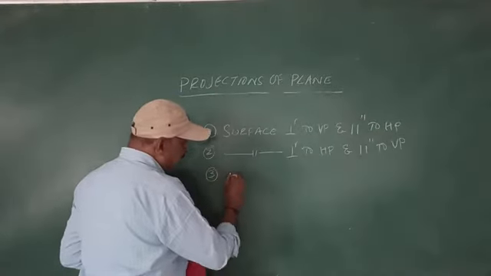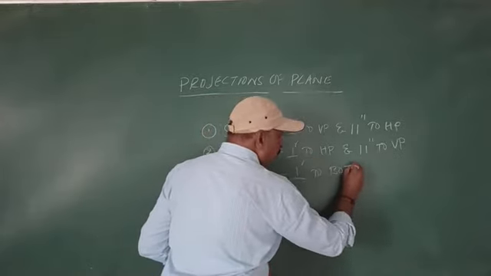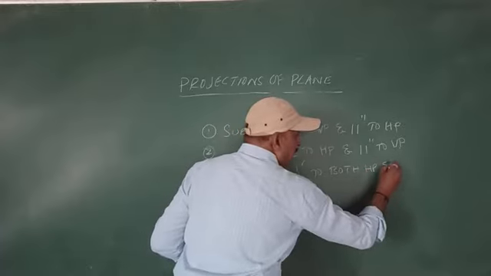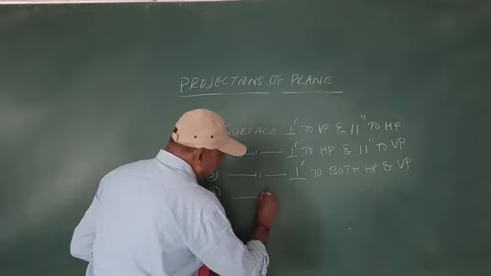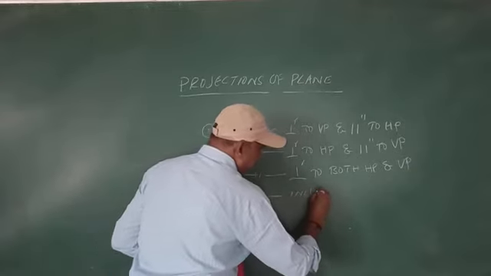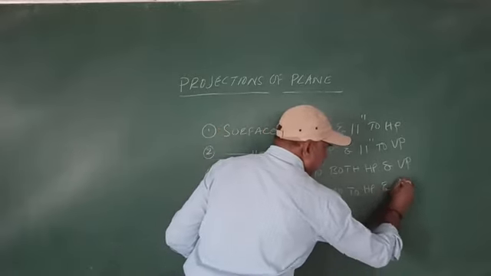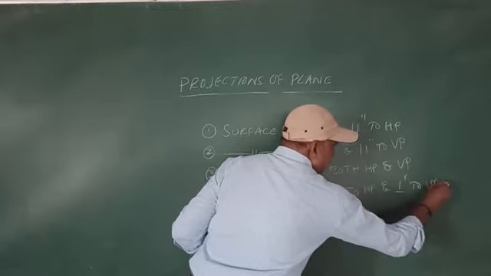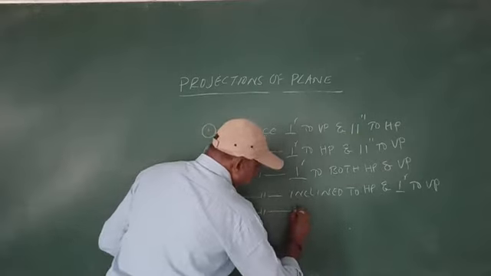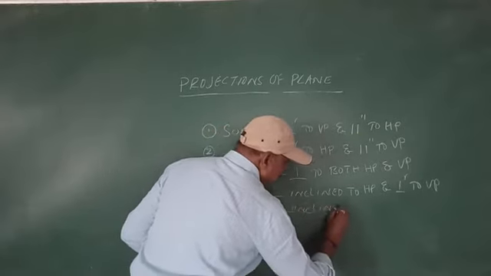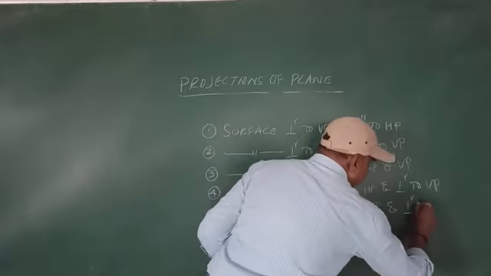The third position: surface perpendicular to both HP and VP. The fourth position: surface inclined to HP and at the same time perpendicular to VP. And the fifth position: surface inclined to VP and perpendicular to HP.